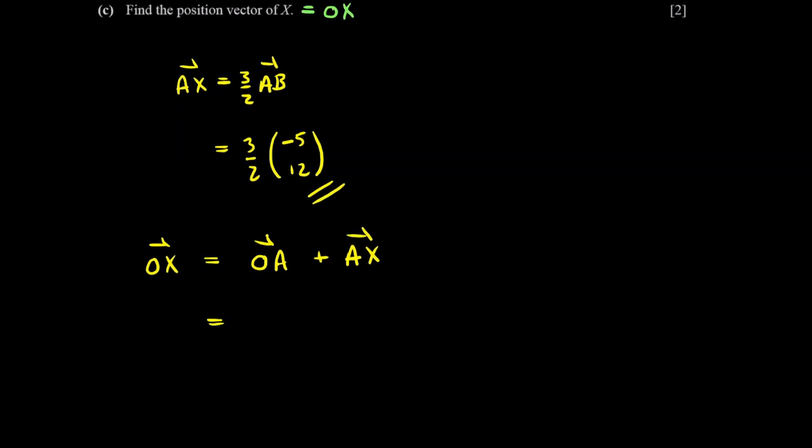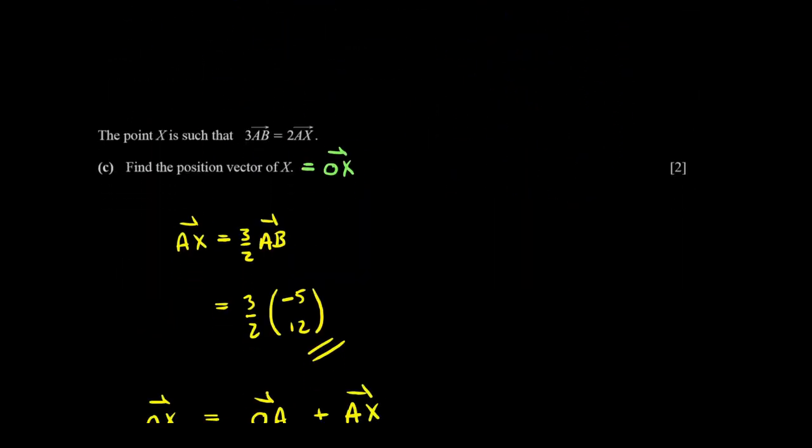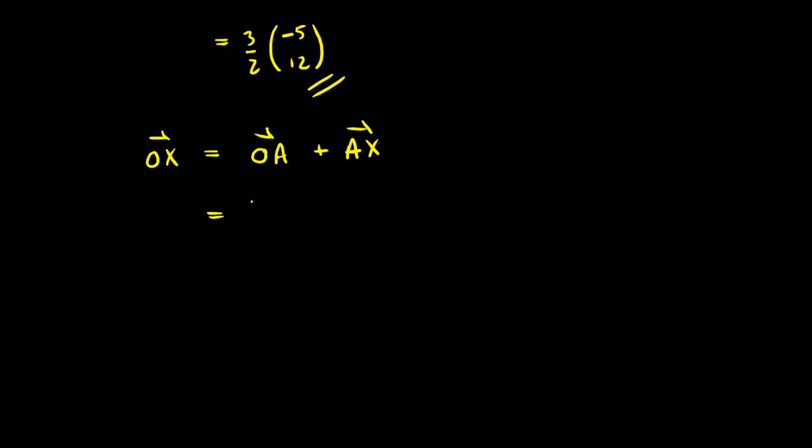So I can now substitute in my vector OA, which is, what was it? 2, negative 6. And then I can substitute in AX, which is 3 upon 2 times negative 5, so that's negative 15 upon 2. And then 3 upon 2 times 12, which I think is 18.